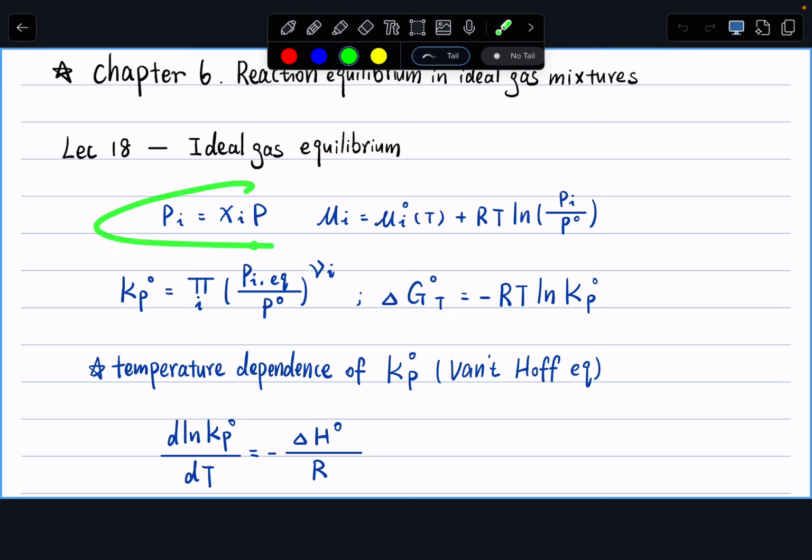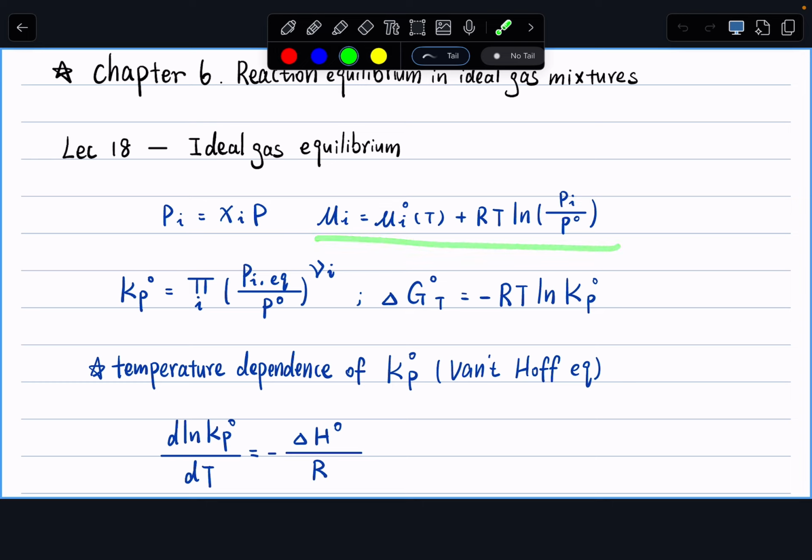Before we do that, we spent a good amount of time talking about what an ideal gas mixture is, right? There are two criteria that need to be met for ideal gas mixtures: the partial pressure of your species i equals the mole fraction of your species i times the total pressure, and also PV equals nRT.